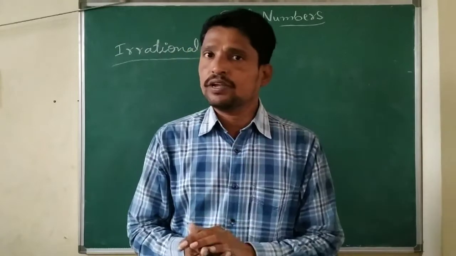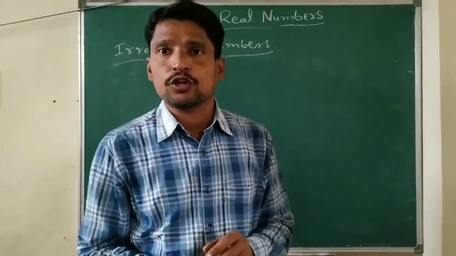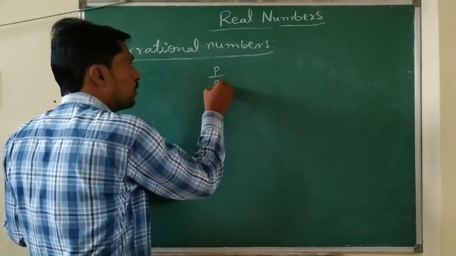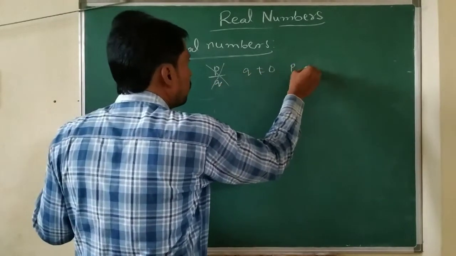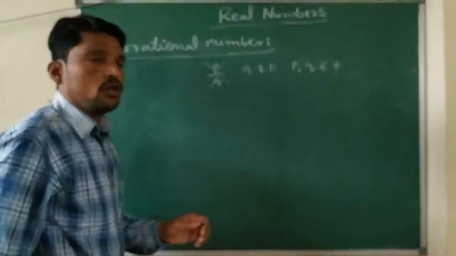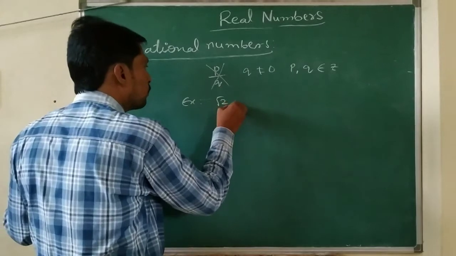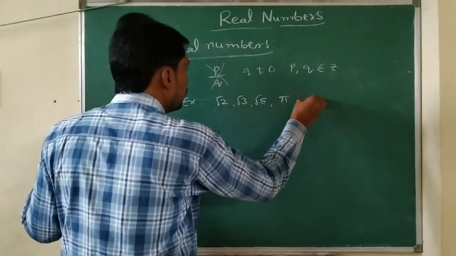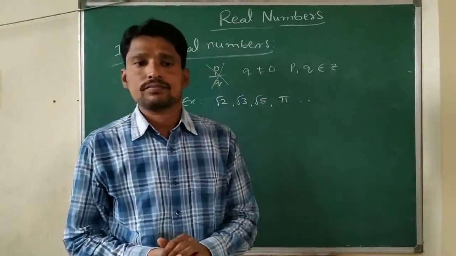Some examples of irrational numbers are root 2, root 3, root 5 and pi, and so on. These are all called irrational numbers.